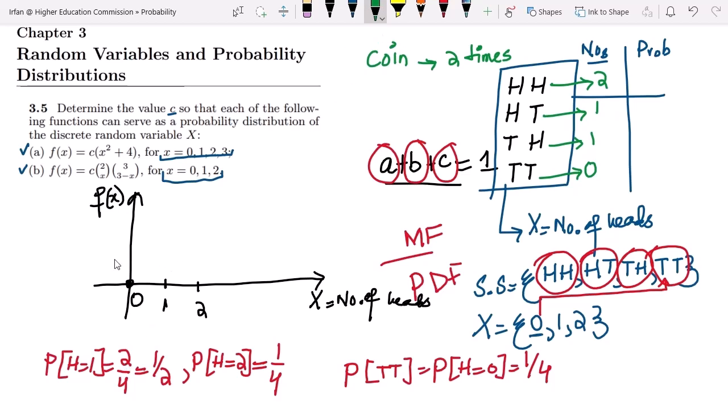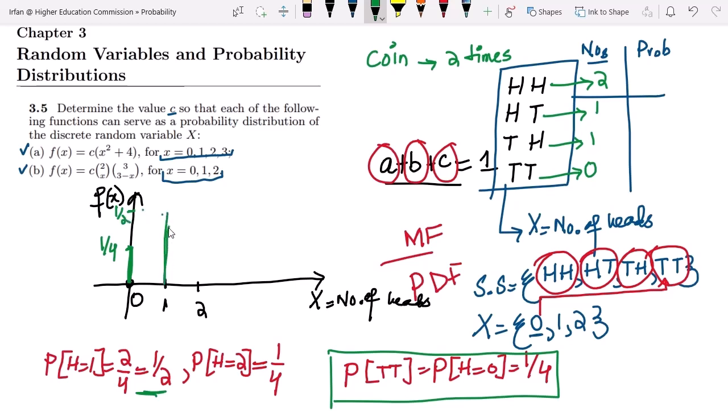For the probability distribution function, how to draw it for heads equal to 0: let me write the value here, and this is 1/4. For heads equal to 1, we have this function, and this is 1/2, and this would be here.